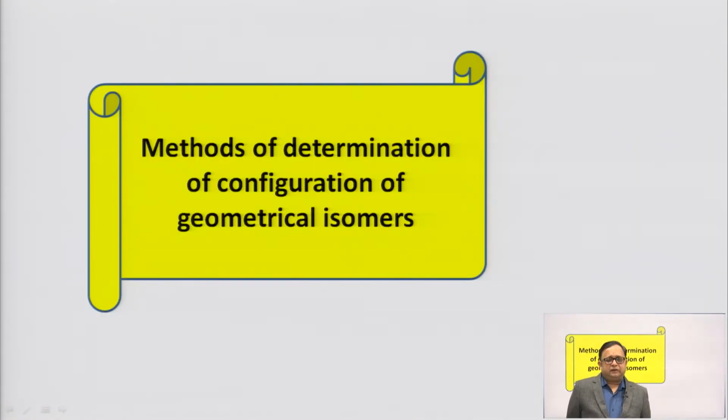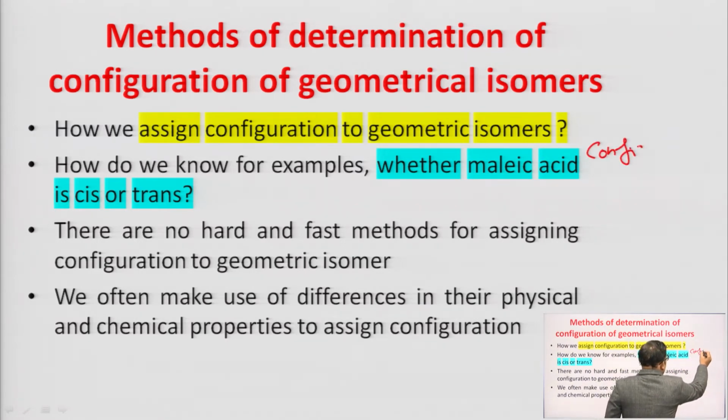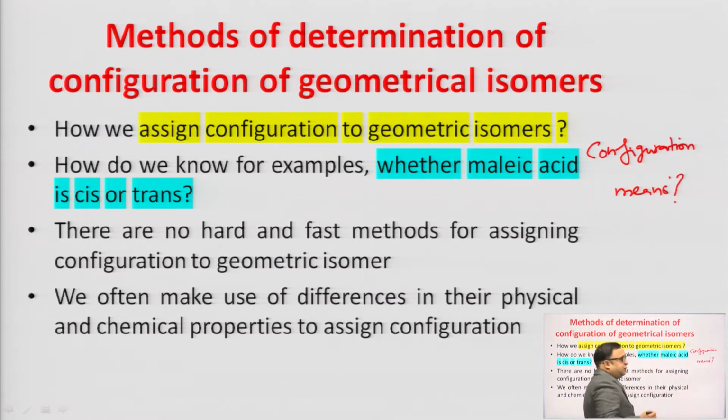So, today our discussion will be based on the methods of determination of configuration of geometrical isomers. We should know, from our previous lectures, what configuration means and what conditions are required for assigning the configuration of geometrical isomers.